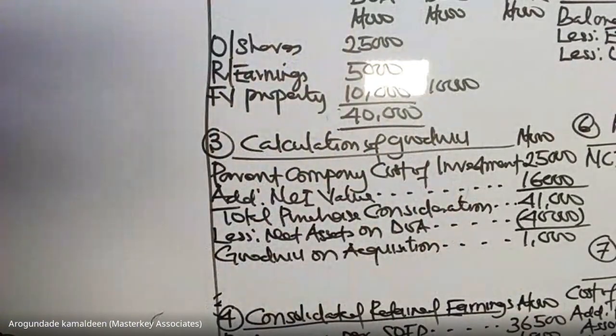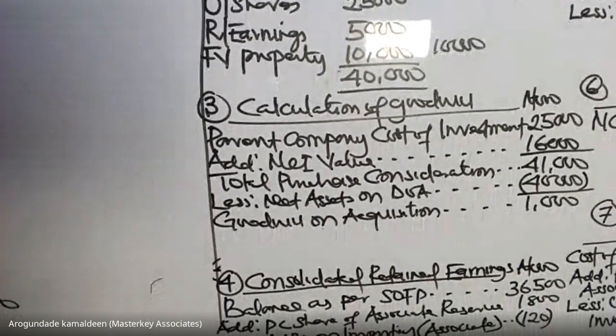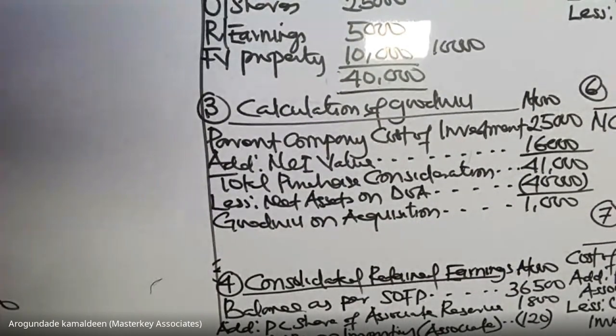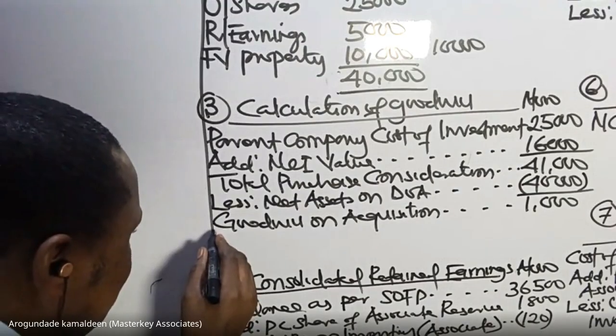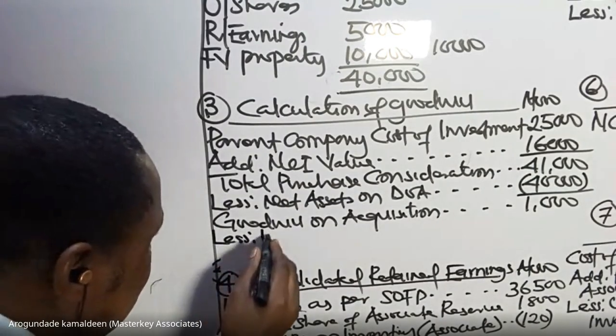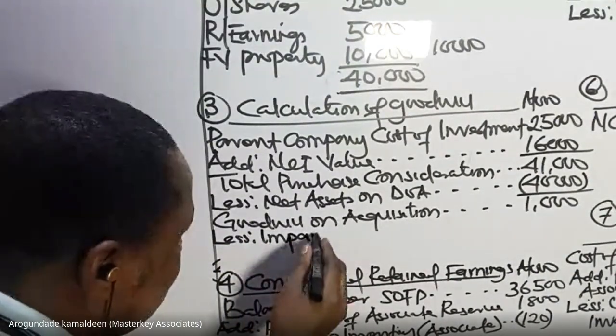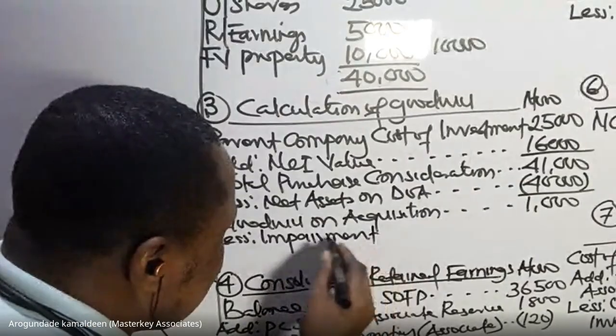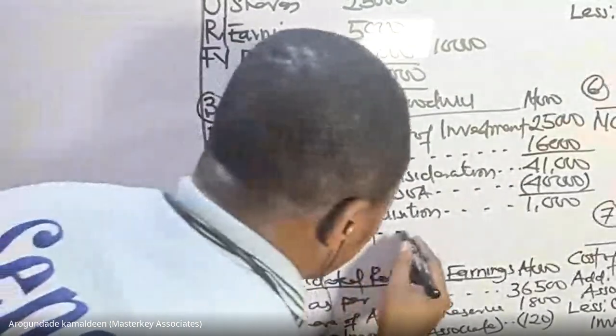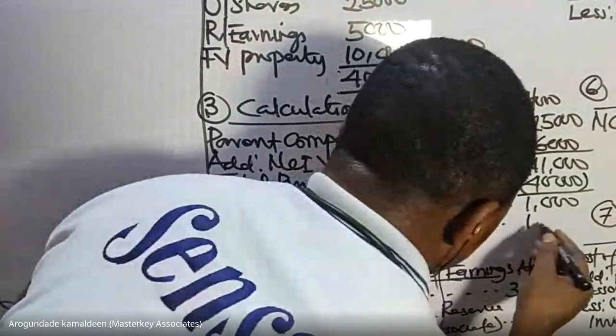There is a keyword there that the goodwill is fully written off. There is an impairment. So now, impairment of 1 million, fully written off.